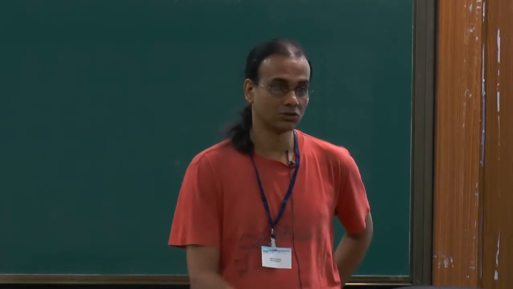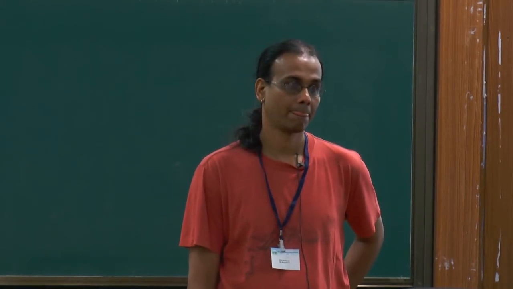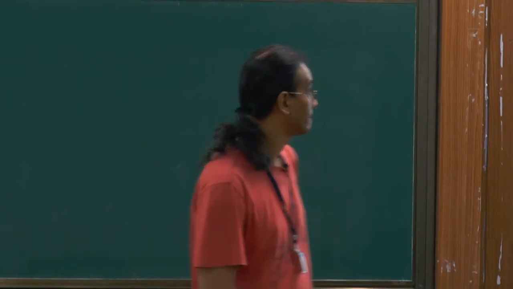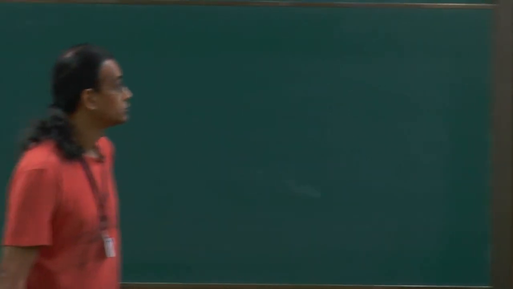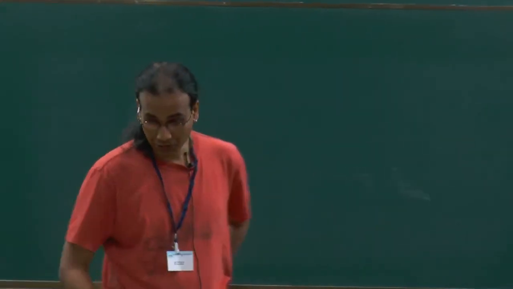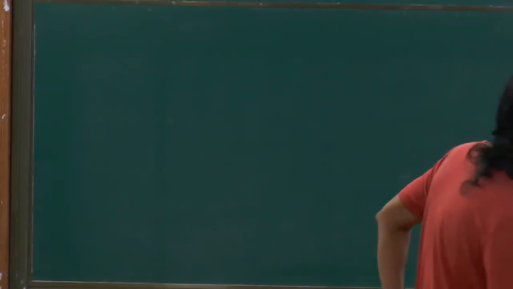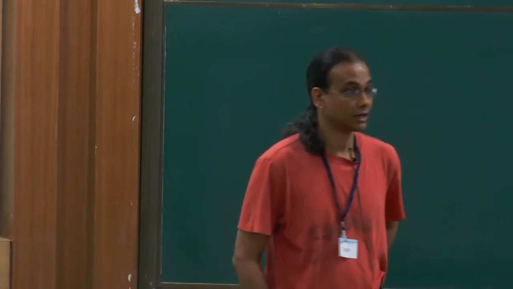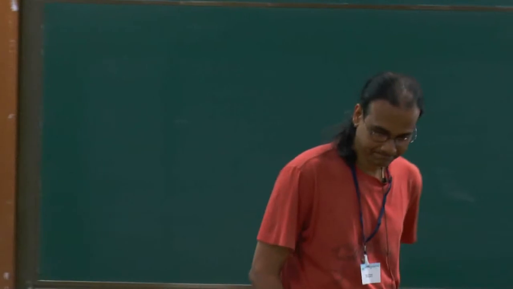But this is the only model that we have been able to solve completely, the PIN model. So I will leave it at that, and there are these open questions that I would like to have addressed. Thank you.